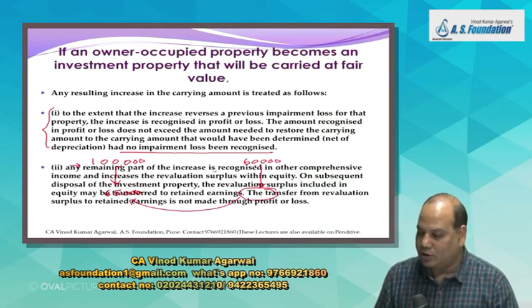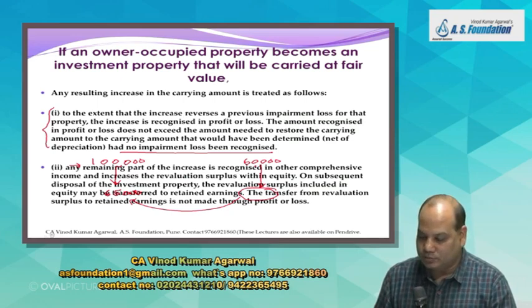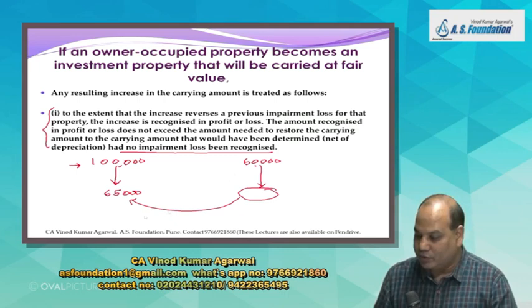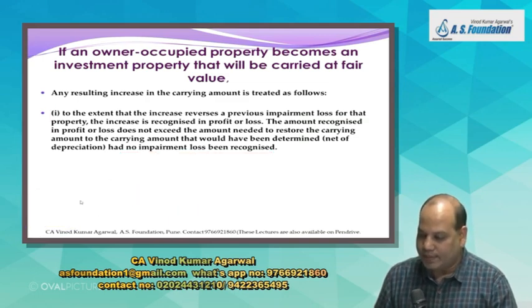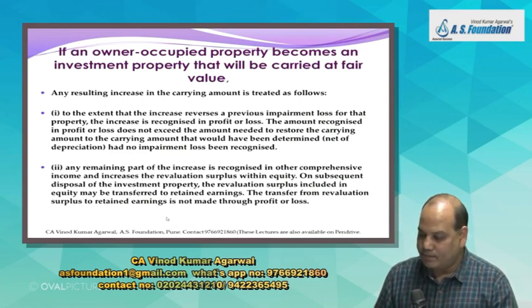What about any additional amount that you have to reverse? That additional amount will be treated as revaluation surplus. In my previous example, suppose I have to reverse more than 5,000, then the excess amount will be routed through OCI, revaluation surplus. The remaining part of the increase is recognized in OCI and increases the revaluation surplus.